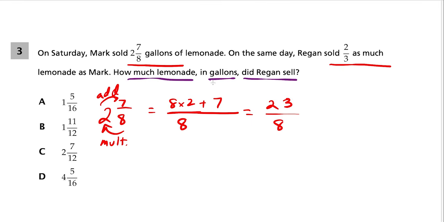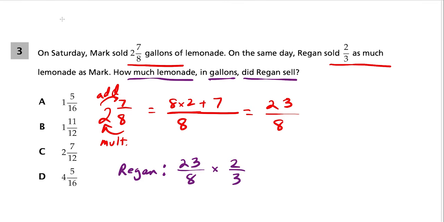So then to find out how many gallons Reagan sold, we're going to work this out: 23 over 8 times 2/3, because Reagan sold 2/3 as much as Mark. So we multiply these. And a nice little trick for this is we could just multiply 23 times 2 over 8 times 3.